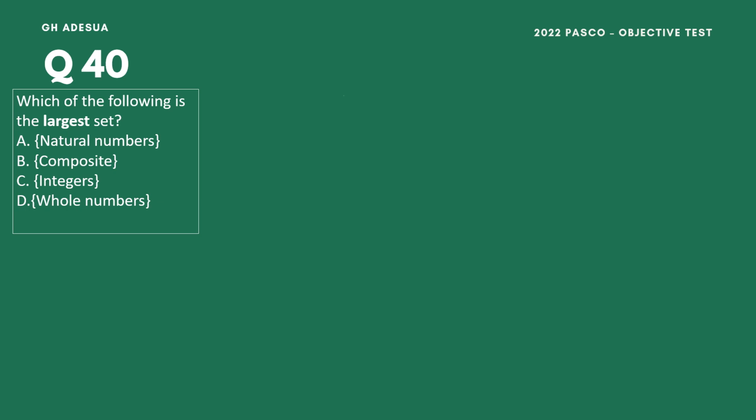We will have to know what natural numbers are. The set of natural numbers starts from 1 and not 0. So 1, 2, 3 onwards.